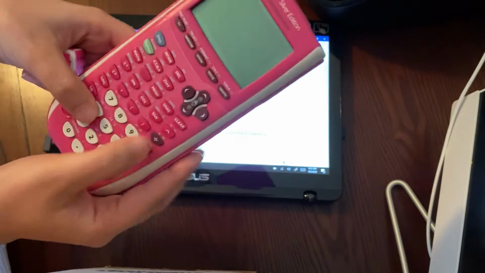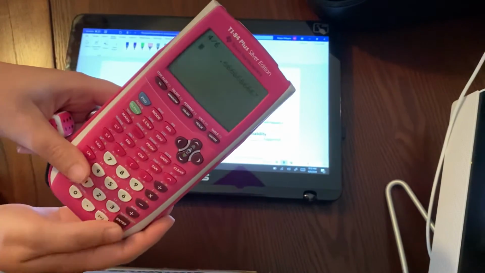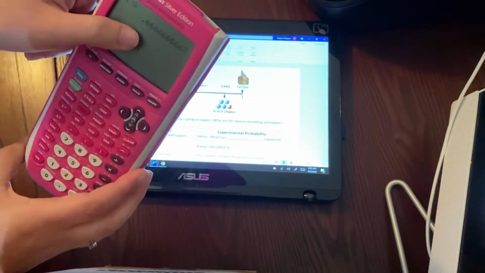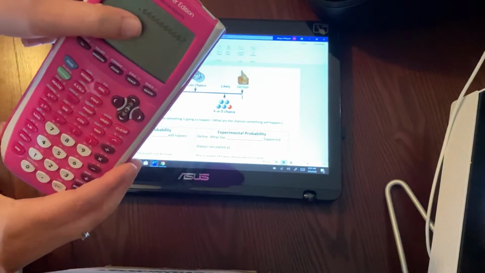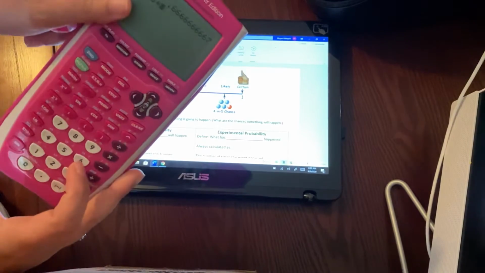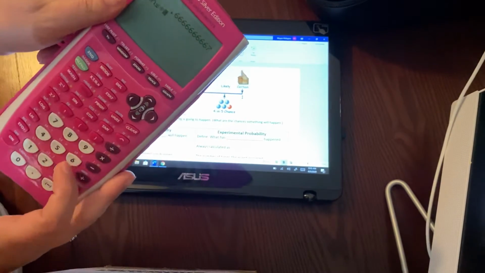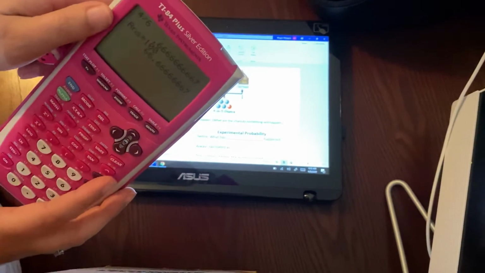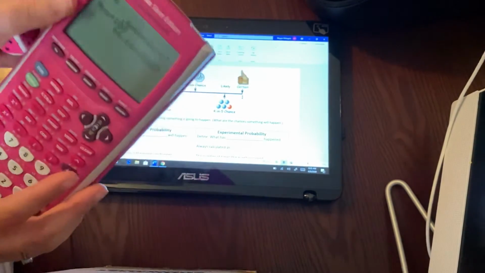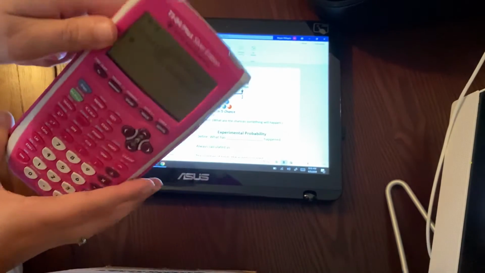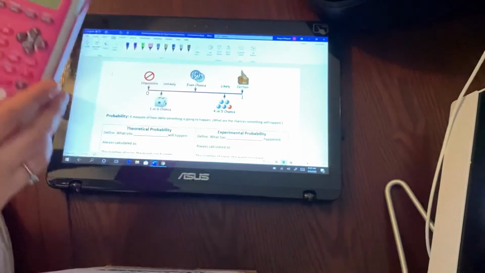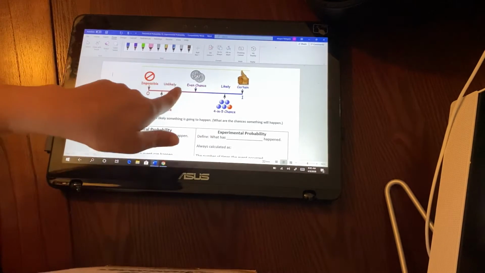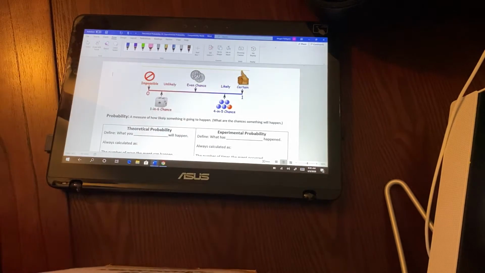So 4 divided by 6 gives me 0.67 if I rounded. And we like to make our probability into percents. So times 100 means it's a 67% chance that I would roll a number 1, 2, 3, or 4. And so that gives me, it is likely. It is above 50%, but it is not certain.